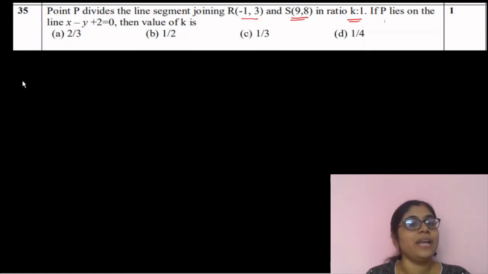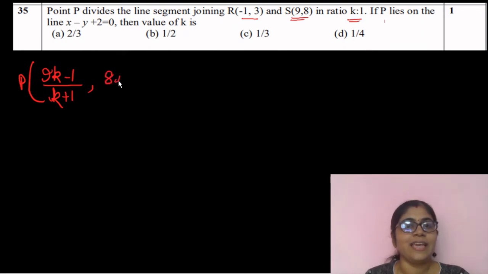So the coordinates of the point P will be, with points (1, 3) and (9, 8) and the ratio K and 1, 9K plus 1 divided by K plus 1 and 8K plus 3 divided by K plus 1.